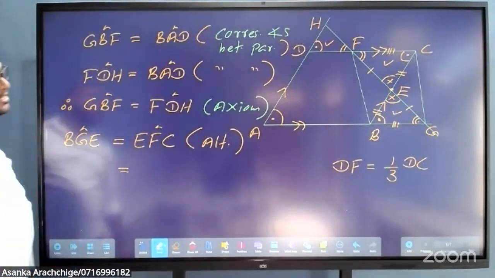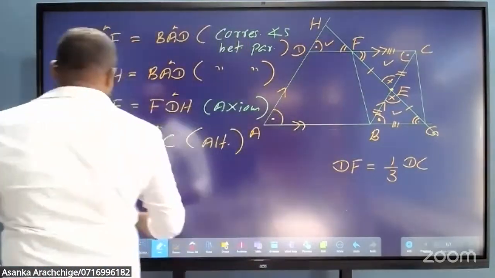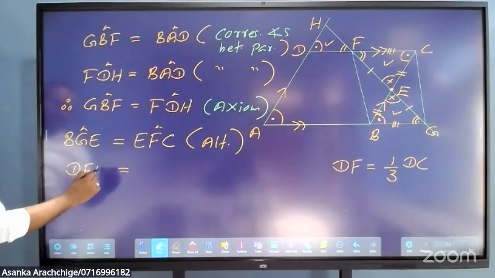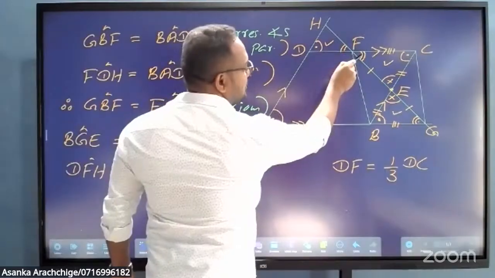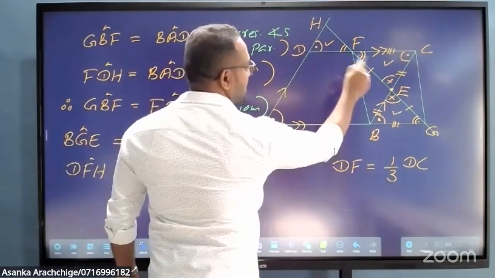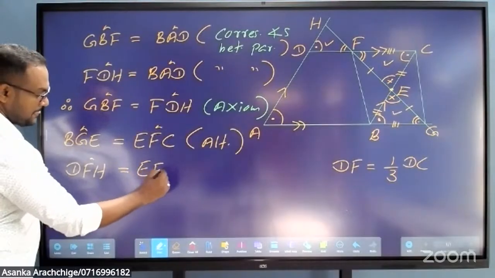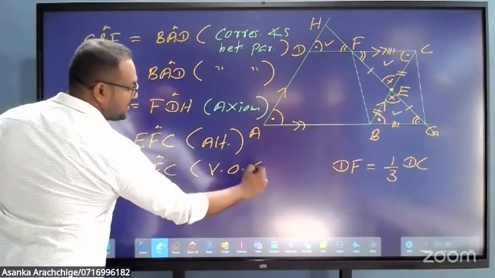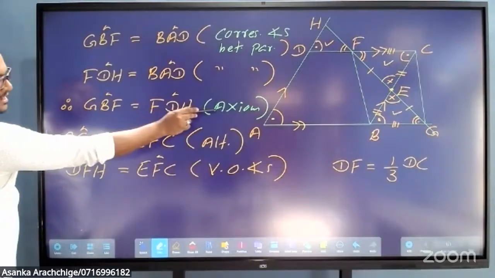And you can say angle DFH, this angle also equal to this EFC. Reason: vertically opposite angles. Now again the same reason as here.